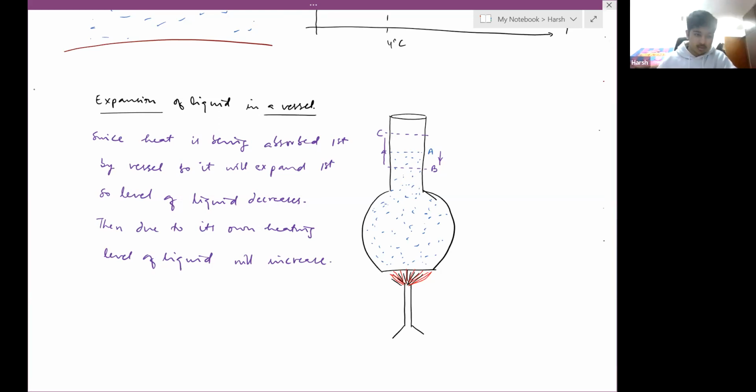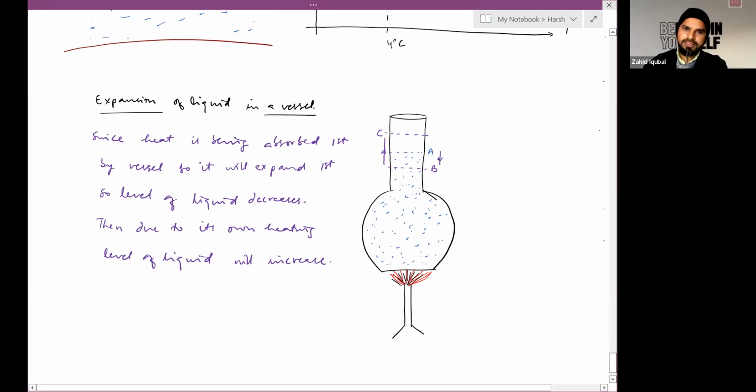Done, sir. Okay, so if you have to calculate these different measurements, B to C must equal A to B plus A to C. B to C, in this part, is the real expansion of liquid. A to B we have the expansion of the vessel. And A to C is the apparent expansion.